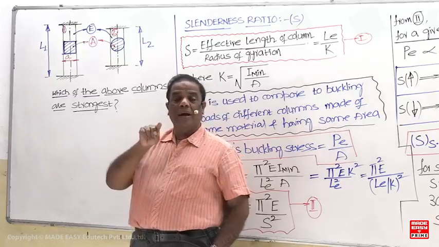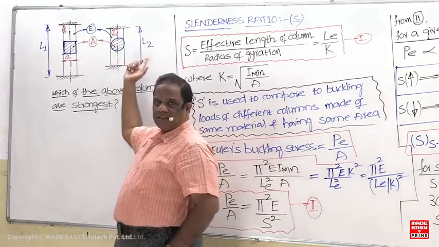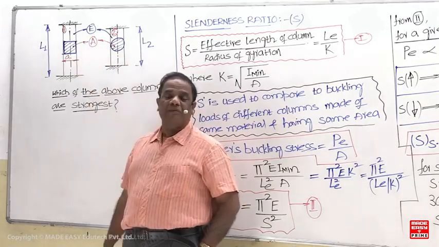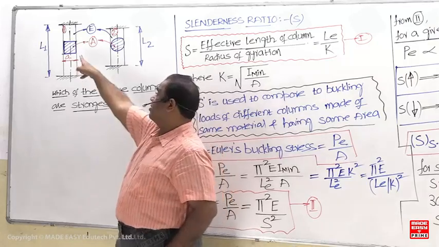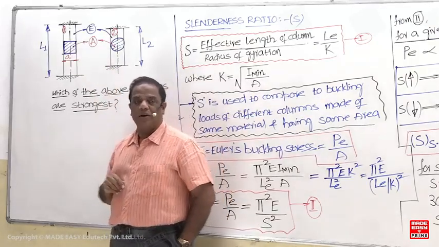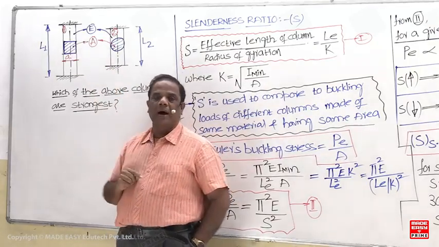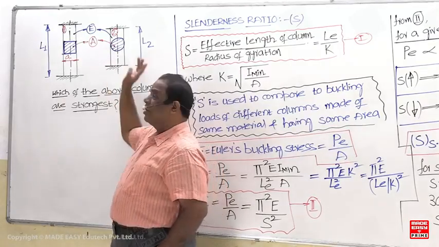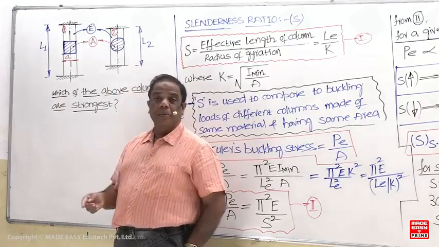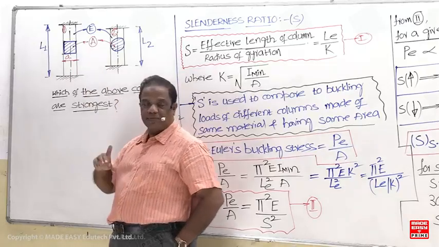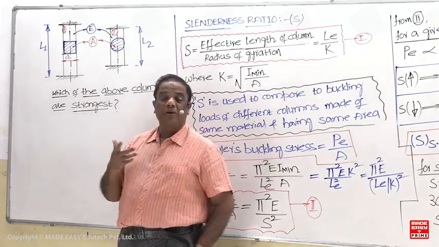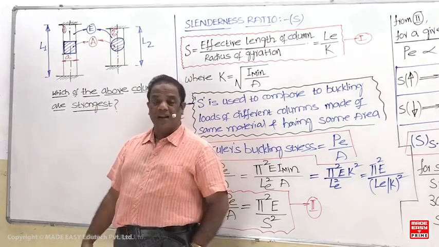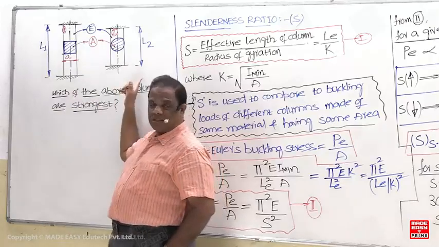Buckling load depends upon the moment of inertia. Areas are the same, but the moment of inertia is not the same. So which one will have the more moment of inertia? Square. That we already studied: for the same area, the square cross section moment of inertia is more than a solid circular. So based upon moment of inertia, the first one is stronger. But buckling load is also inversely proportional to L square because end conditions are the same.